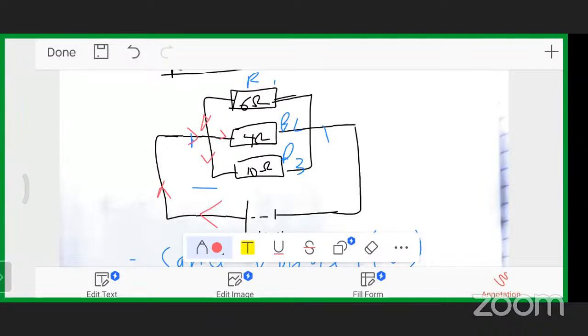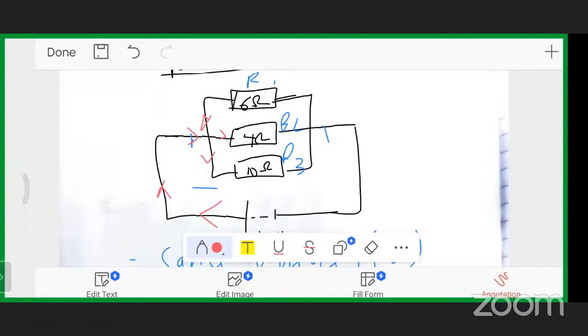So given this kind of circuit, we may be interested to know, now that I have 3 resistors connected in parallel, what is the total or effective resistance in the circuit.